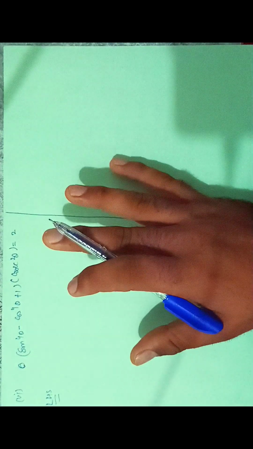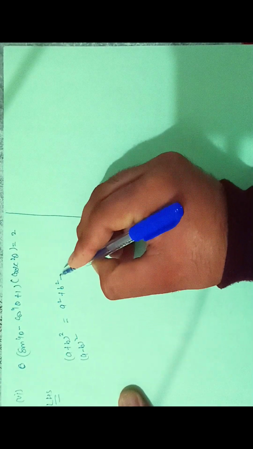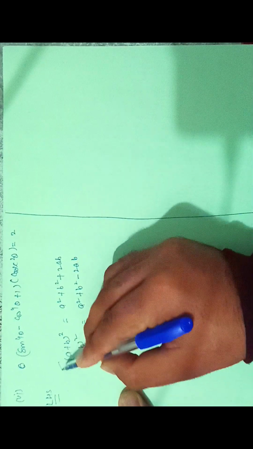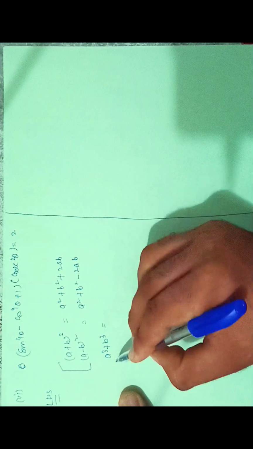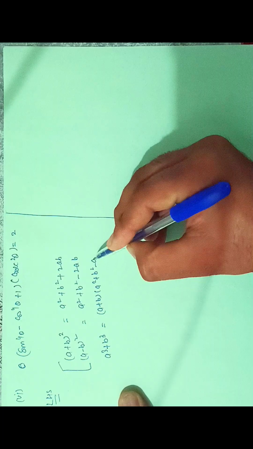First of all, there are identities you must remember. The very first one is a plus b whole square, the second one is a minus b whole square. A plus b whole square is a square plus b square plus 2ab, and a minus b whole square is a square plus b square minus 2ab. Similarly, a cube plus b cube, we can write as a plus b into a square plus b square minus ab.